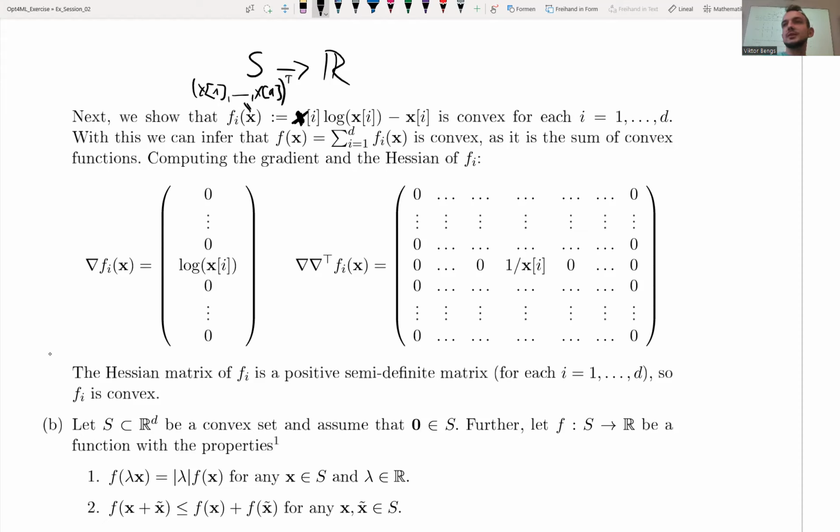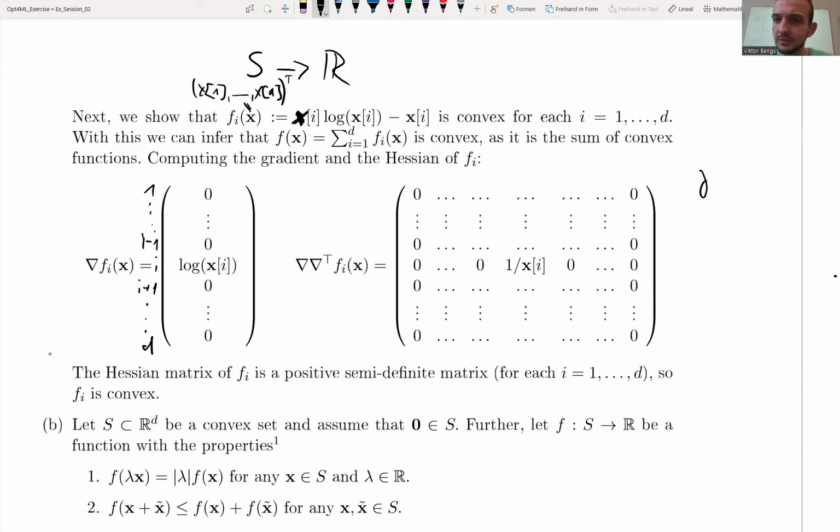You can take the partial derivative with respect to any of these, but only the partial derivative with respect to the ith component will be non-zero. So this here is 1, up to i minus 1, i plus 1, up to d. And why is it logarithm of xi? Perhaps this is what we should clarify.